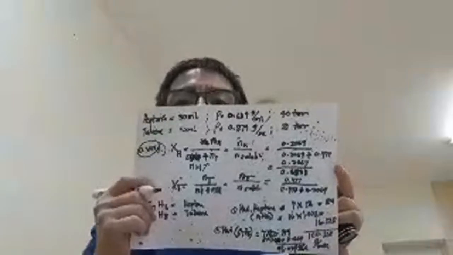And then the vapor pressure of toluene is given here, 21 torr. So we substitute again: 21 times 0.6979. We have the partial pressure of toluene equal to 14.66 torr.